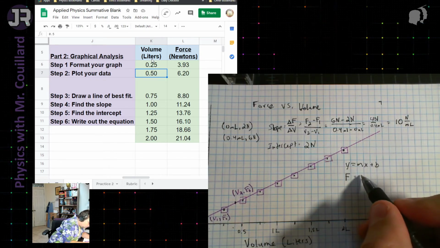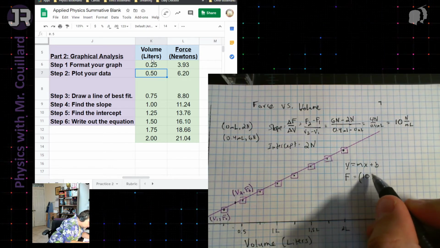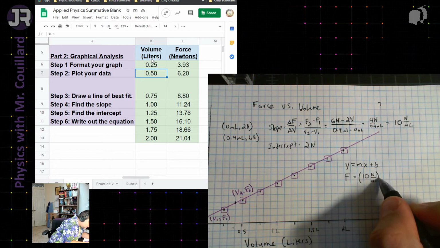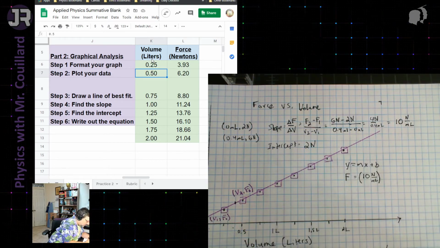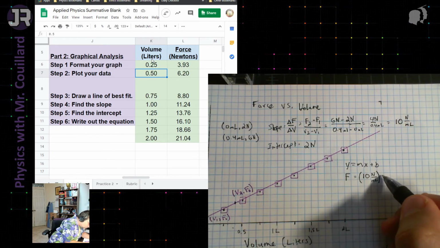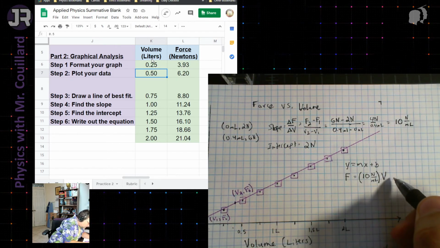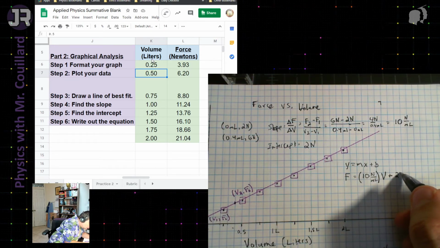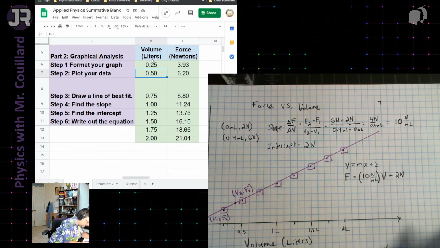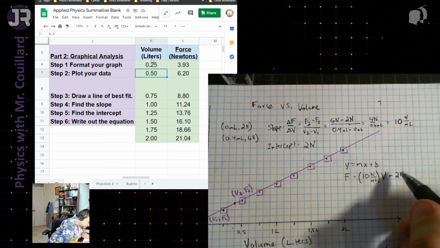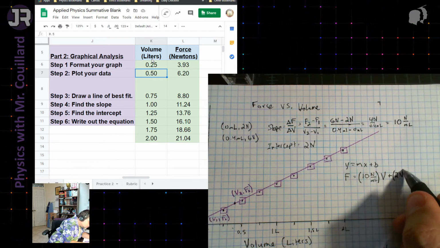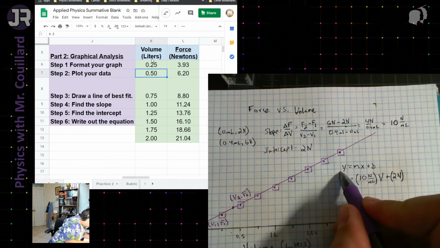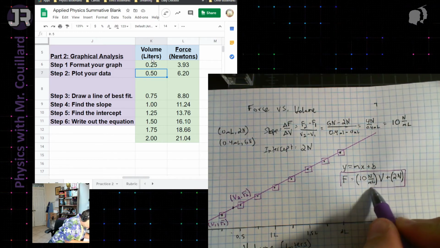And then the slope we found up here is 10 newtons per milliliter. And then the horizontal variable is, we'll say V for volume, and then plus our intercept, which is 2 newtons. And that is our final answer for the equation of the line.